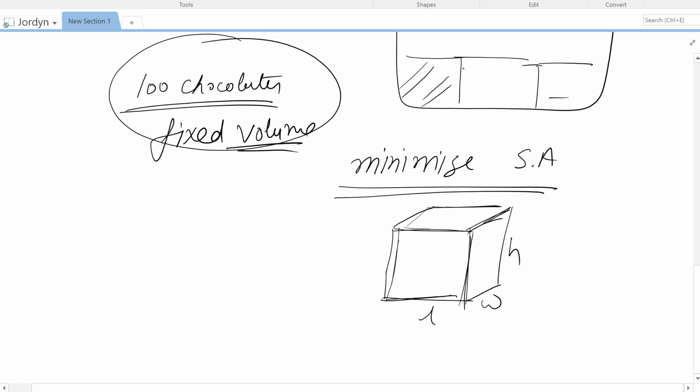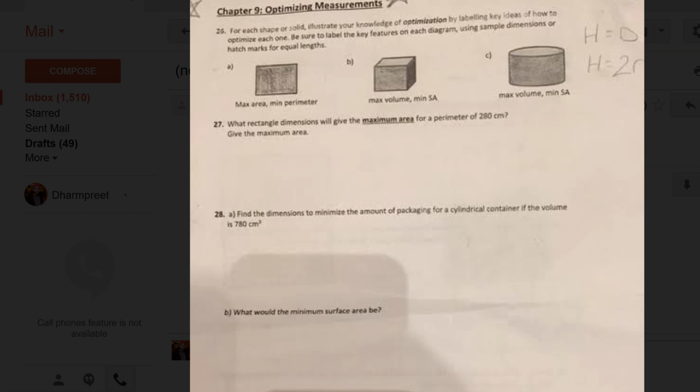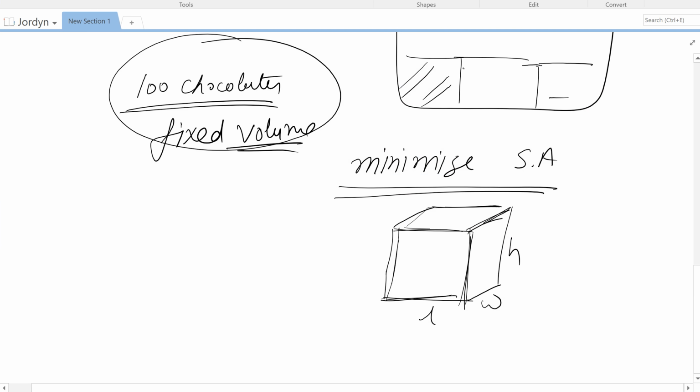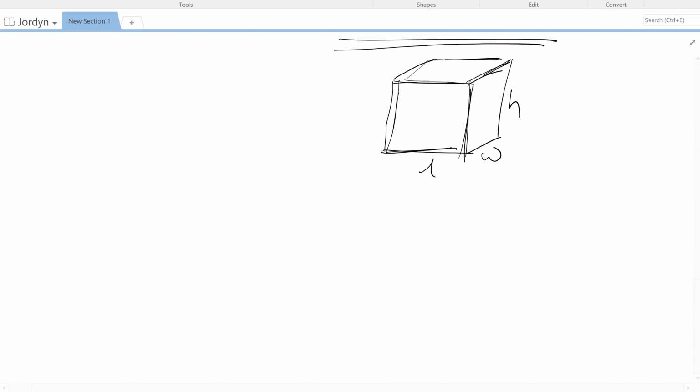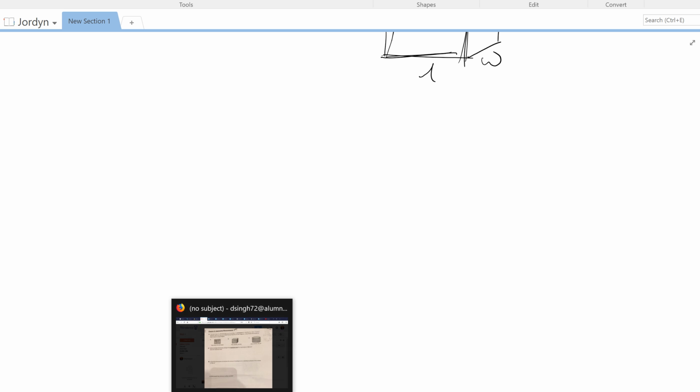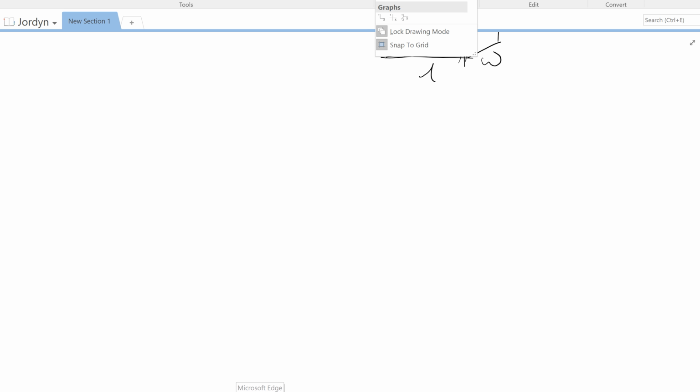And now next thing. Maximum volume and minimum surface area of that shape. Okay. Now we have a cylinder.